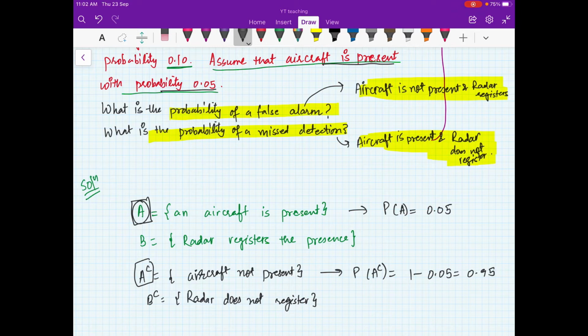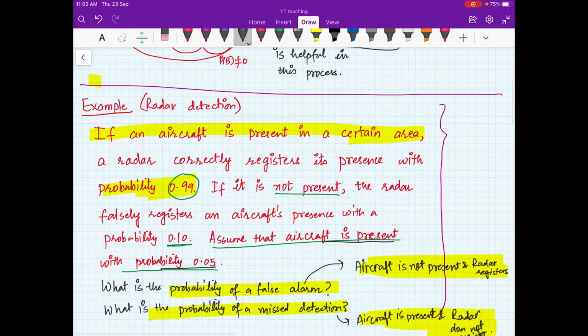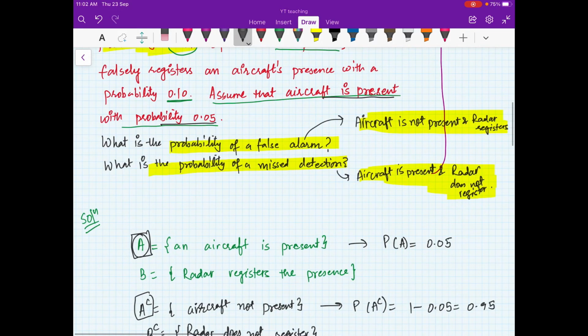Like for radar, the probabilities are given in terms of conditioning. For example, here it is given that if an aircraft is present, then radar correctly registers its presence with a probability of 0.99. So you are not given the probability of B directly, right? Okay, fine.